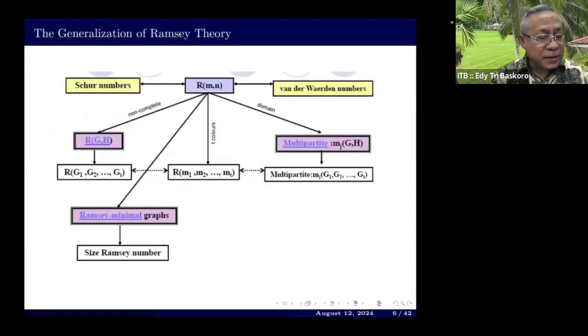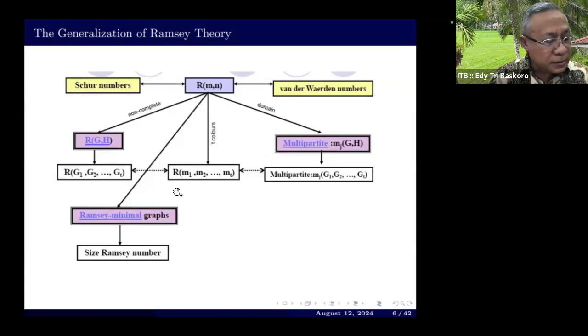Now, Ramsey theory has been generalized in many ways by relaxing the completeness, allowing G and H here not necessarily complete graphs, or by allowing multiple colors, not necessarily only two colors, but we may use three colors here. And by changing the domain graph, not necessarily a complete graph, but we may use a complete multipartite graph.